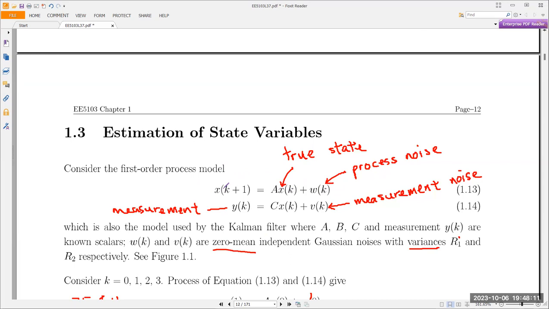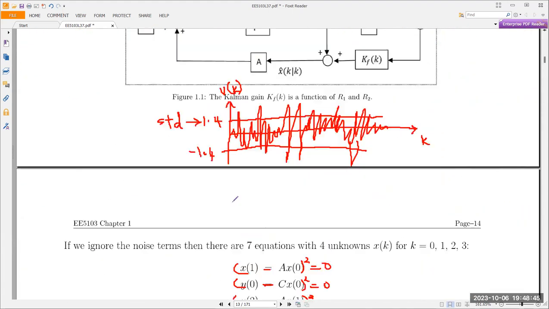Did I involve the measurement in estimating this? No, never. If I involve y in estimating this, then it will be xk plus 1 slash k plus 1 or xk slash k. But if I never use today's measurement, I just take yesterday's, so it will be xk slash k minus 1.